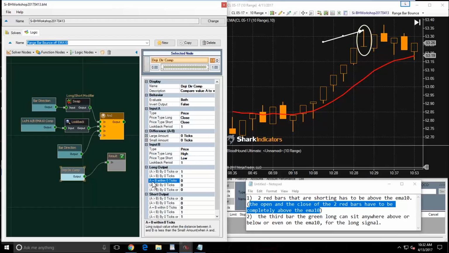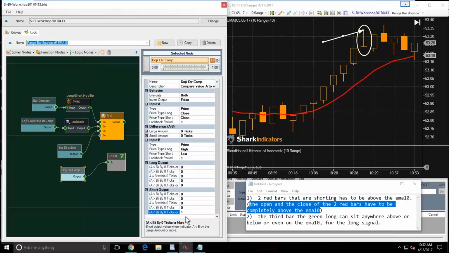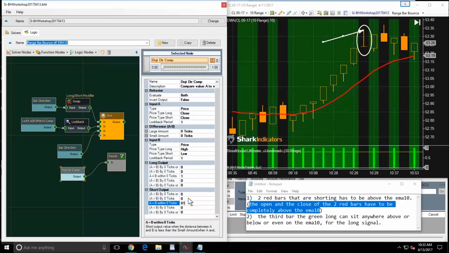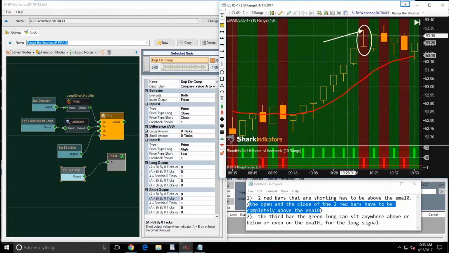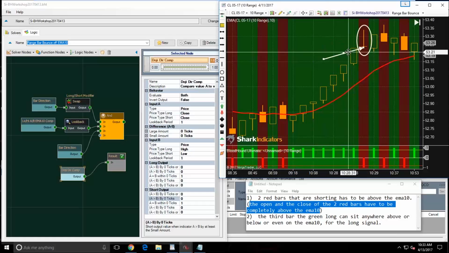And we're using A equals B, right? We're checking to see, does the closing price equal the high or does it equal the low? So we need to use A equals B. Let's turn these outputs off, like so. And then we want to use A equals B. So there we go. Now this doji is marked as a down bar.